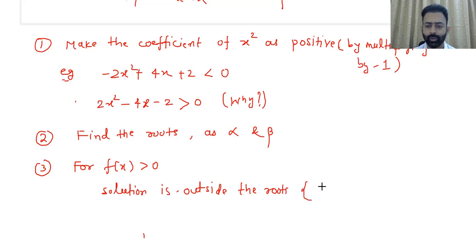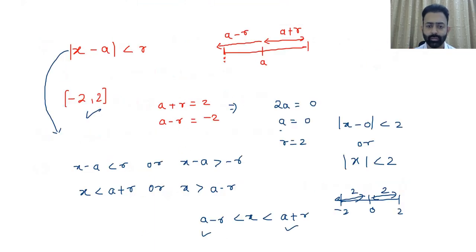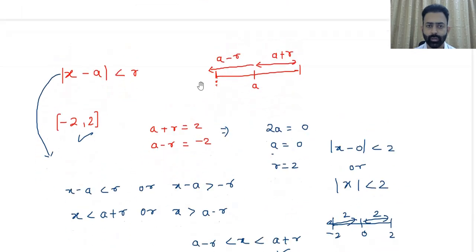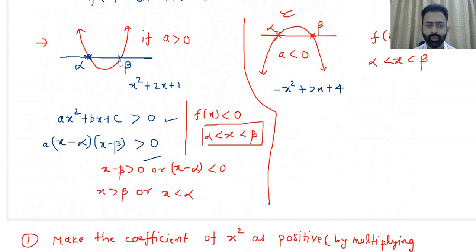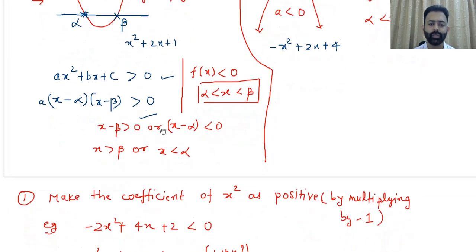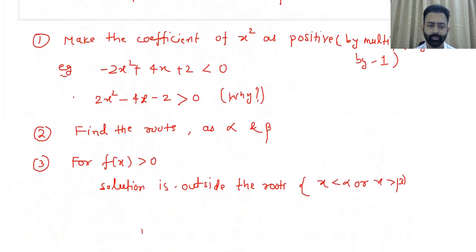In brackets, I'm talking about x less than alpha or x greater than beta. Remember in the previous one, if you see here, outside the roots, meaning for x greater than beta and less than alpha, I'm moving outside the roots, the function is positive. And between the roots, the function is negative.